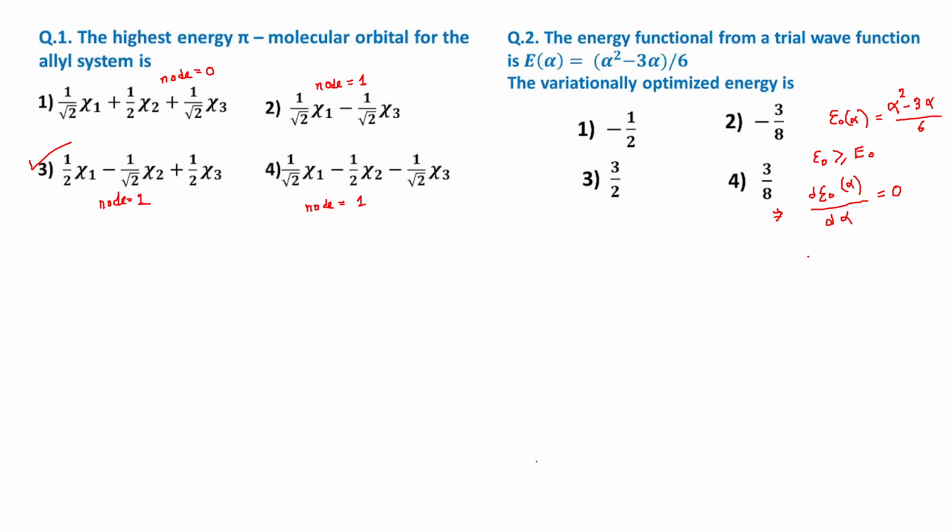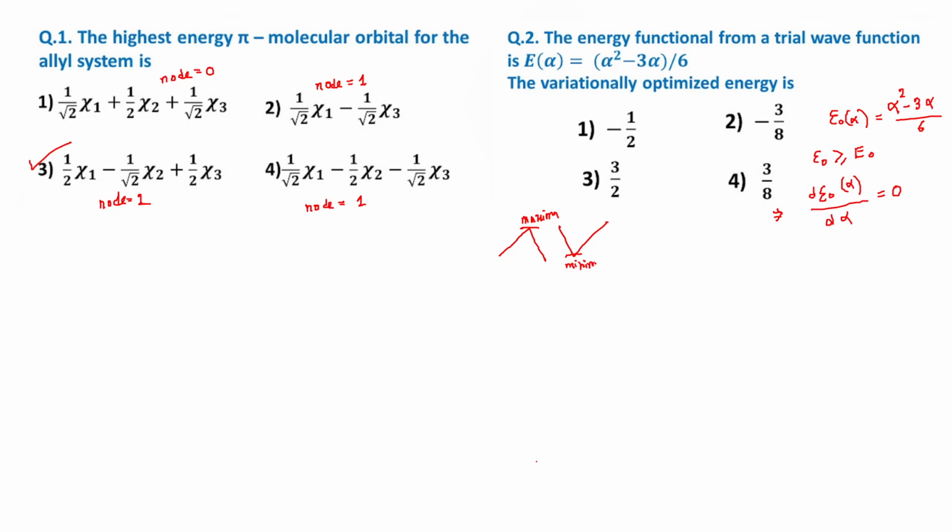That break could be a situation like this: here is a break, or here could be a break. If it is like this, there is a maxima, maximum. And if this is the case, then there is a minimum.